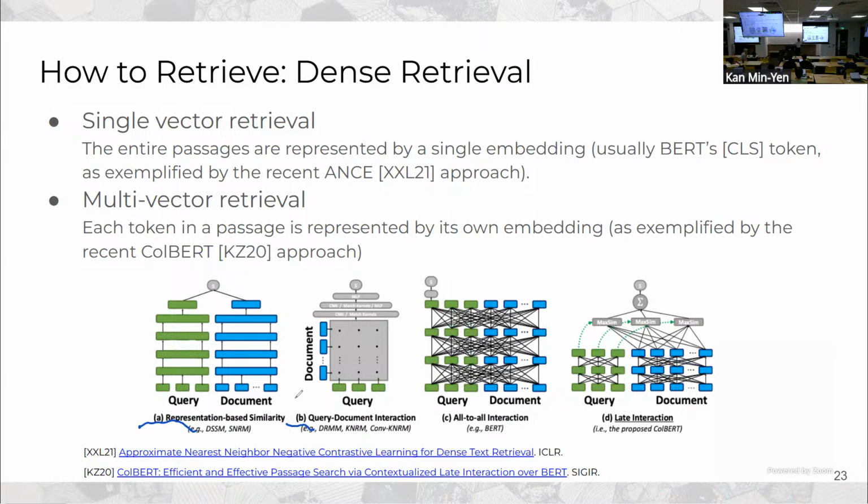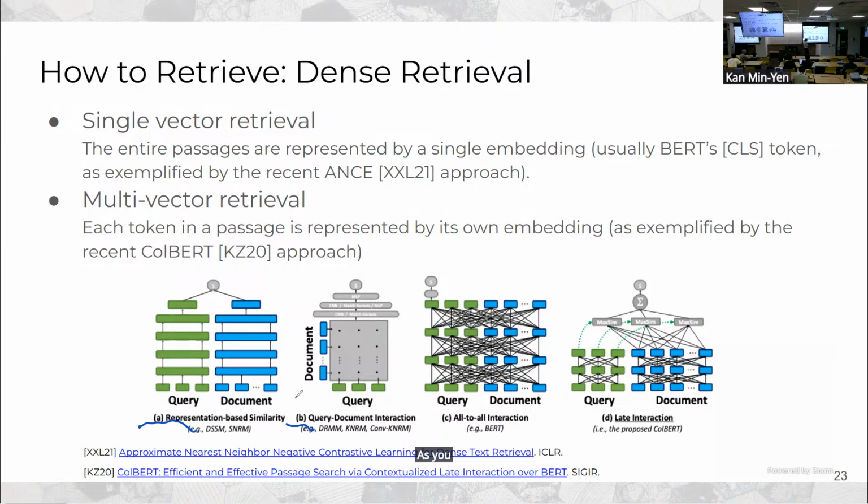The input would be based on word2vec or doc2vec to embed every document and finally compute the similarity. For the third one, figure C, it's a BERT-based retrieval method.